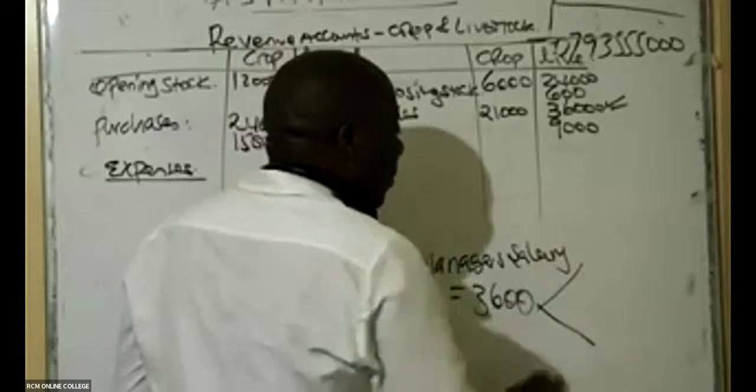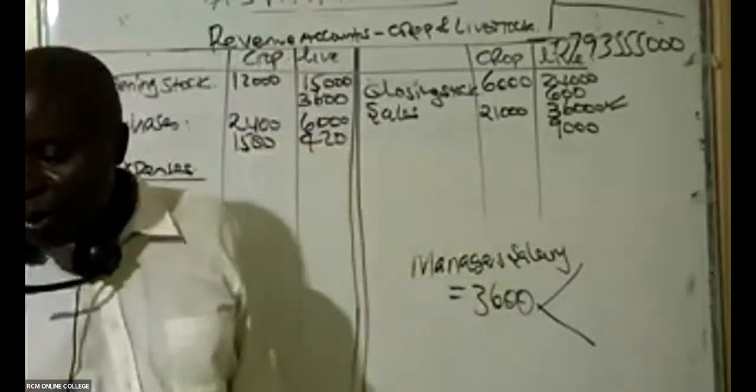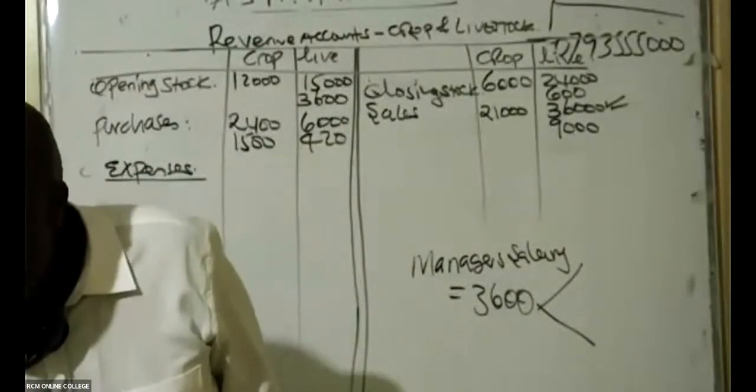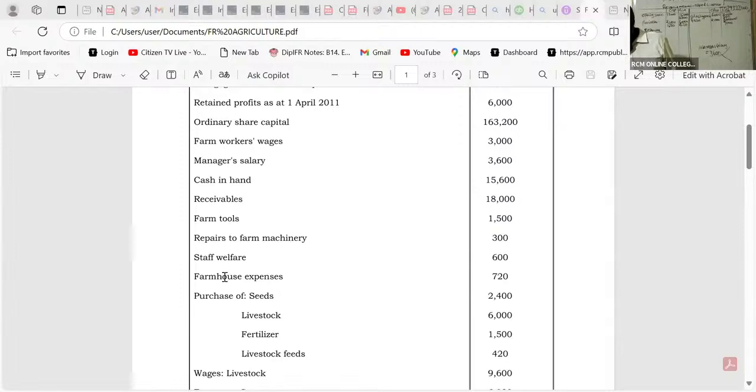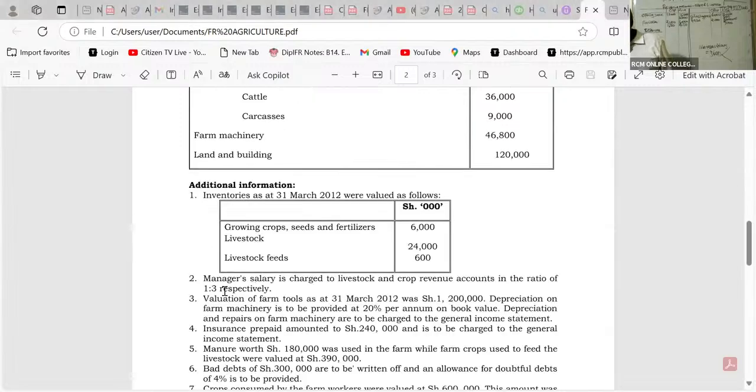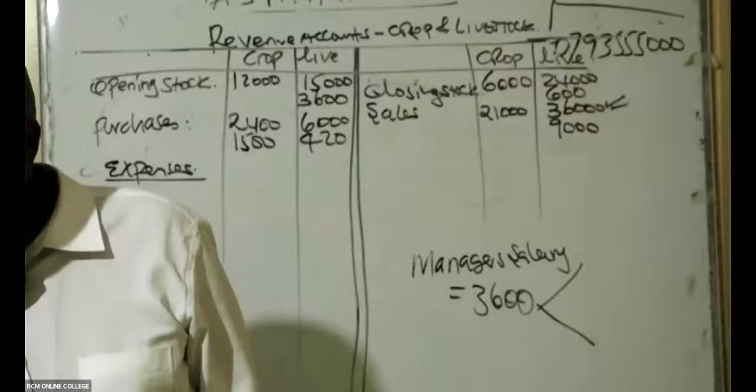But this is to be apportioned. In what criteria? They have told us very vividly: manager's salary is to be charged to the livestock and the crop revenue accounts in the ratio 1:3. So 1 is for livestock, 3 is for crop.